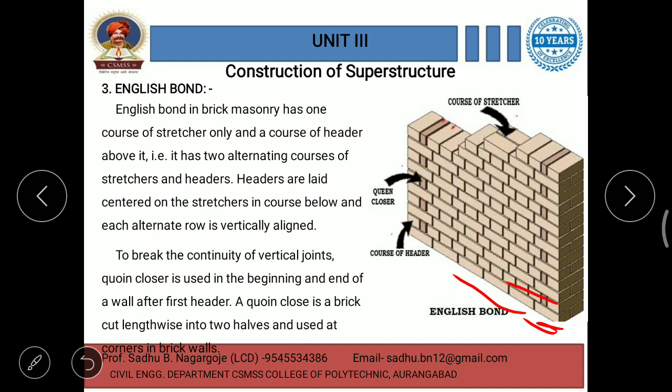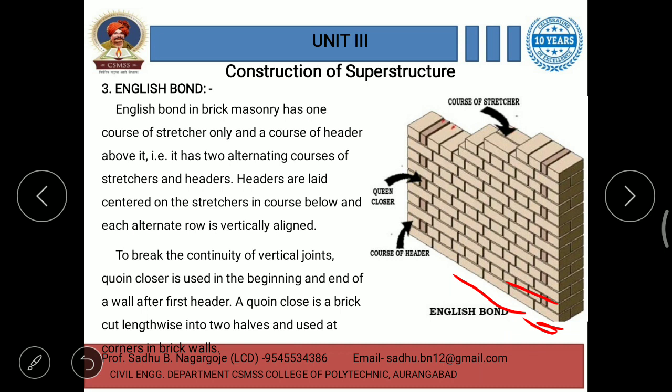Headers are laid centered on the stretchers in the course below, and each alternate row is vertically aligned. To break the continuity of vertical joints, queen closure is used in the beginning and at the end of a wall after the first header.